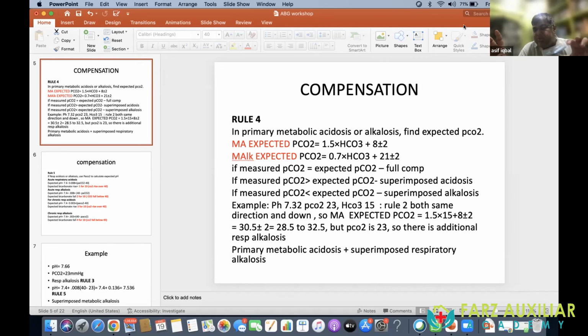And the history shows that he is a garage mechanic, so it is easy to assess for ethylene glycol. So you have to measure the osmolality gap also. If there is a high osmolality gap, then it is salicylate poisoning, or it is more common in ethylene glycol or methanol poisoning. Okay.